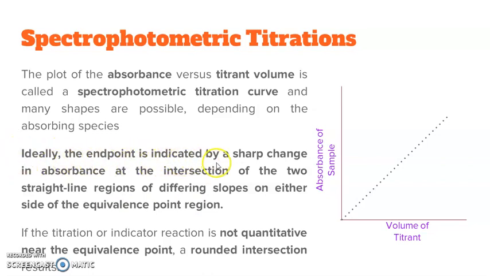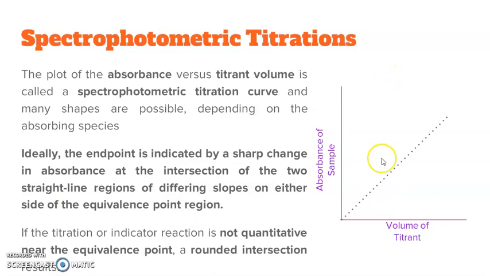Ideally, the endpoint is indicated by a sharp change. We already know that the endpoint is always sharp, a sharp change happening in the titration ratio. The endpoint is indicated by a sharp change in the absorbance, and if there is an endpoint, there is a change in the absorption or transmittance at the intersection of two straight line regions. I will come to these two straight line regions in the subsequent discussions, with differing slopes on either side of the equivalence point region.